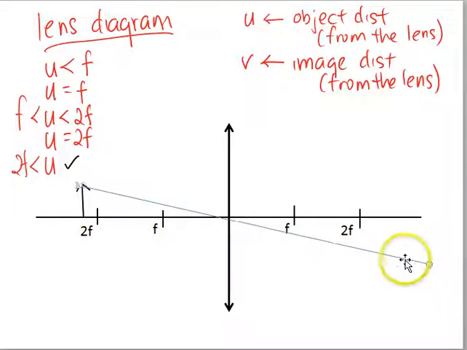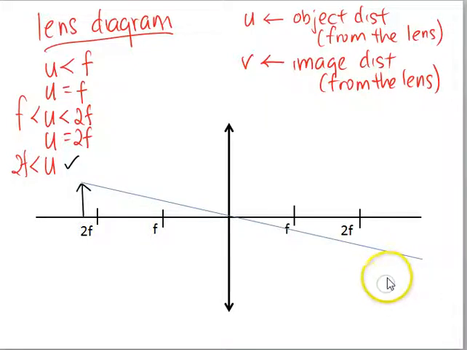Okay, let me adjust this line over here. So you can see here I have my light ray, first from the tip of the object cutting through the center of the lens. So this is the first thing to do. Now what's missing here is that your light ray must have the arrows.